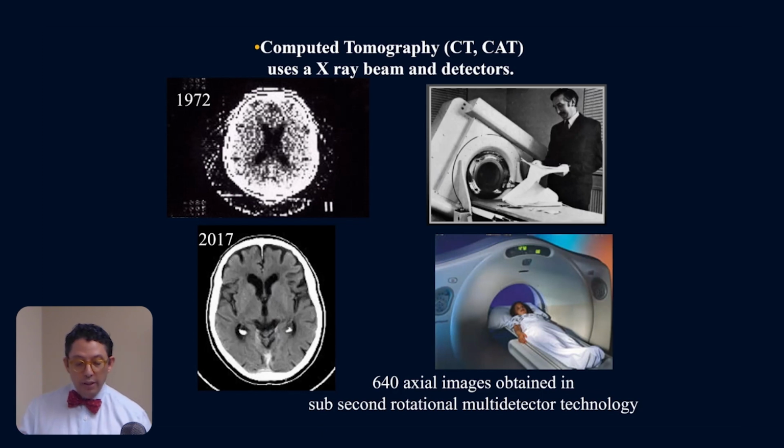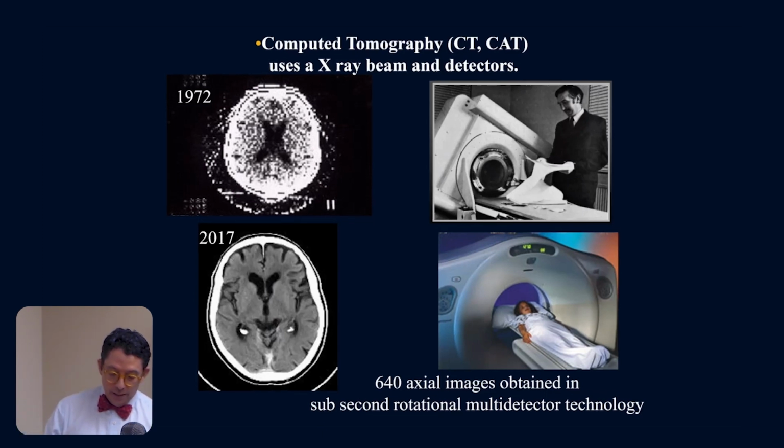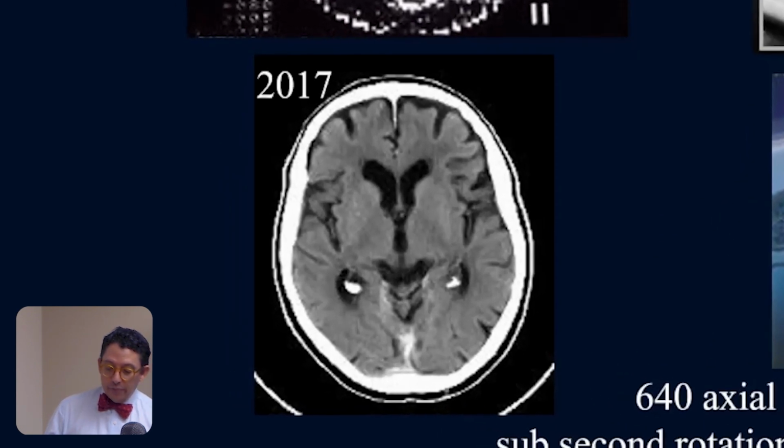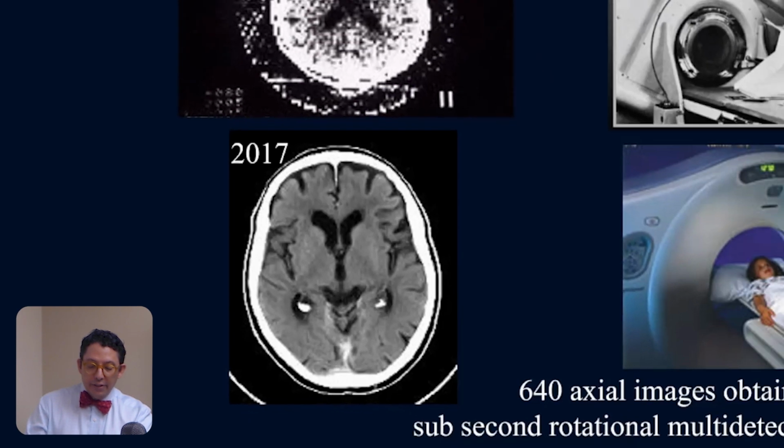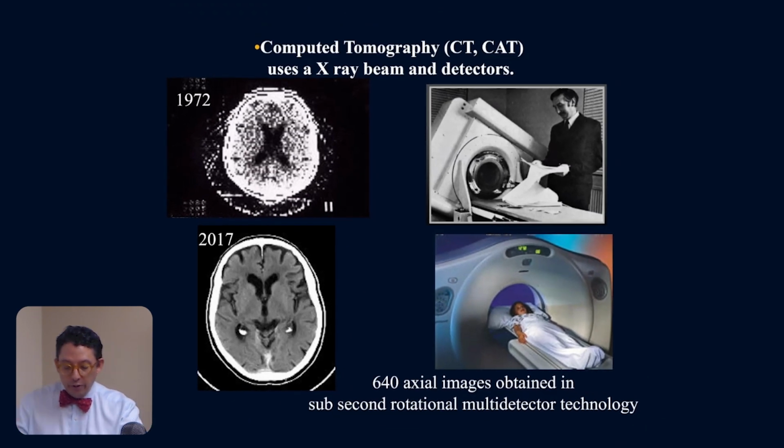So I brought you a scan from 1972, which we have up here, and a scan of what we are seeing nowadays, which is from 2017. Our 2D images have not changed much since then, where you can see the huge difference that we have. The scanners have also changed, as you can see there. And nowadays, we have scanners that go all the way to 640 axial images in just one rotation.